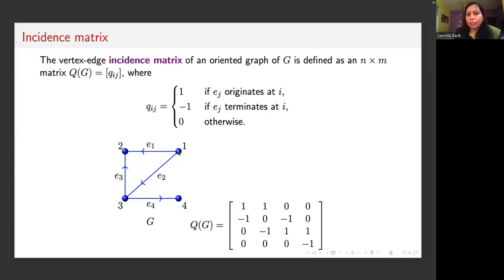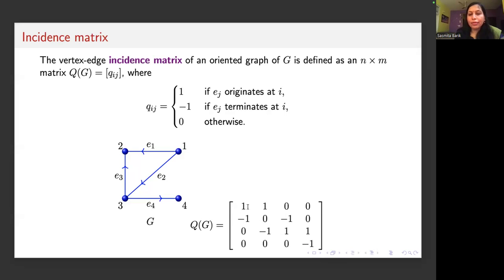Vertex 1, corresponding to row 1, contains 2 non-zero entries because its degree is 2. Two edges start from 1, so two plus 1s come in this first row. Similarly, for vertex 2, two terminating edges are there, so the row contains 2 negative entries.